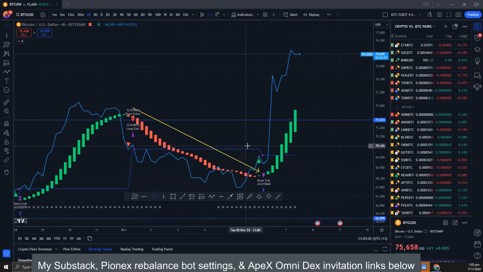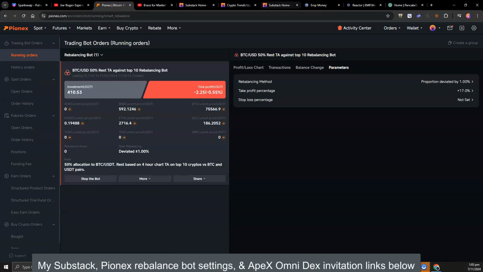There'll be two things I'll be dropping in this article or vlog. I'll flash up on the screen the QR code for the bot. The bot is done by Pionex. It started 1 hour ago, and it's down 0.55.